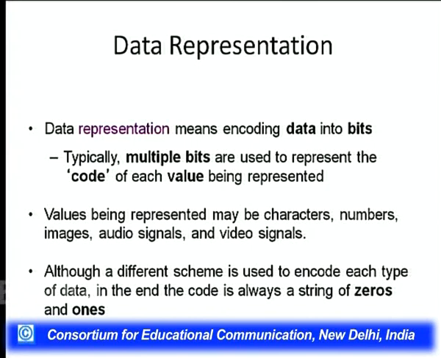So whatever values are being represented, whether they are characters or numbers, images, etc., ultimately what is stored in the computer is a string of zeros and ones, that is, a binary number. We had discussed that all computer data is stored in the form of zeros and ones only.